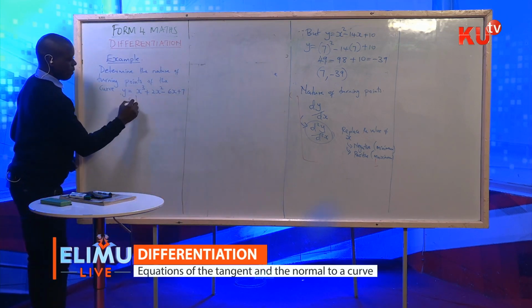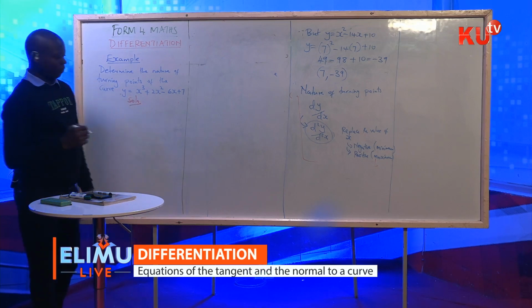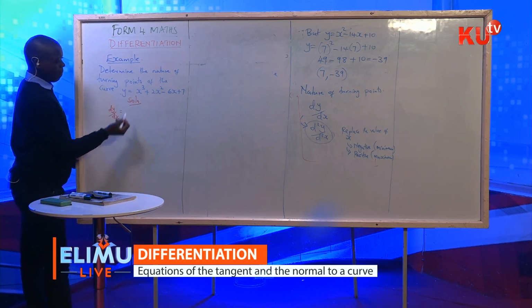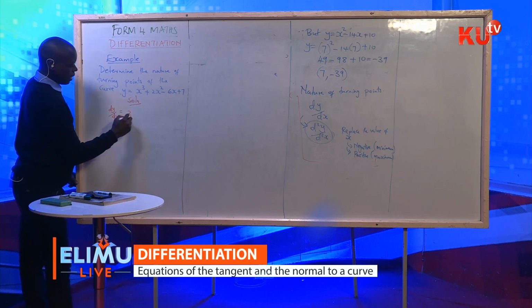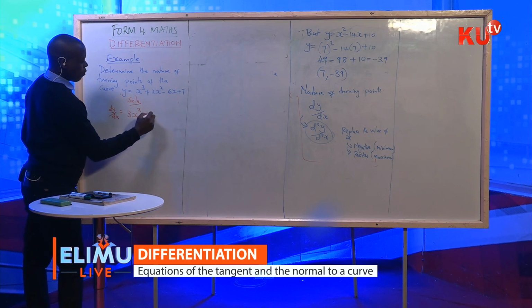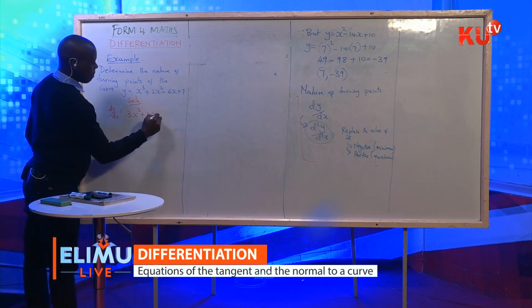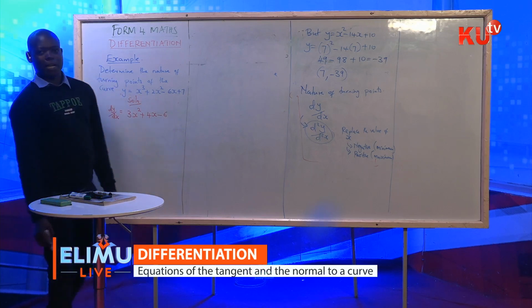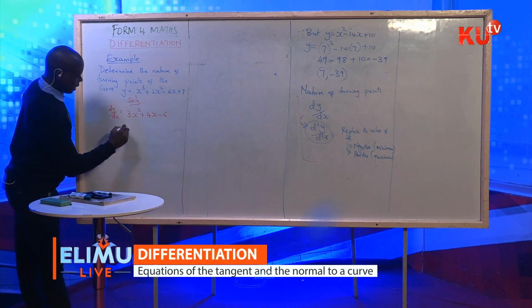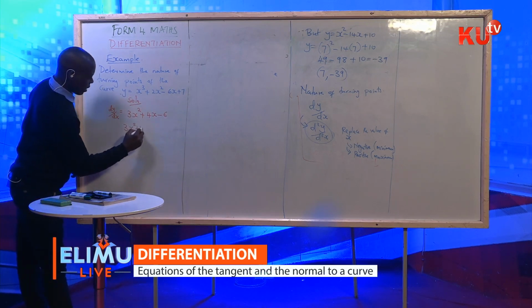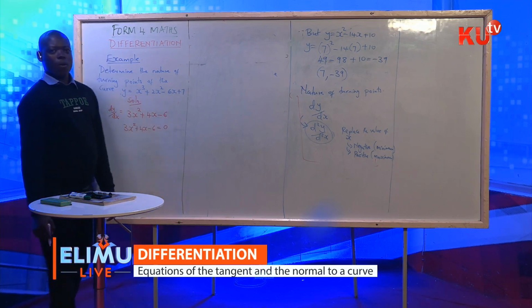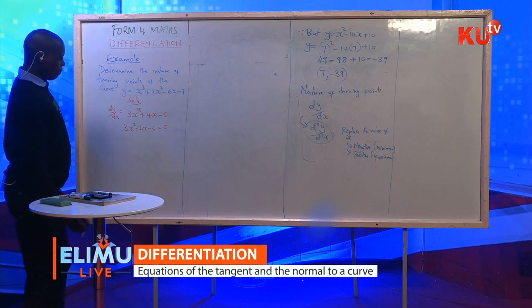We'll first find the turning point. So how do you get the turning point? dy/dx is 3x squared plus 4x minus 6. Then we take 3x squared plus 4x minus 6 and equate it to 0.